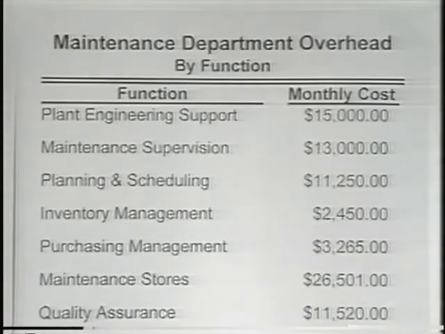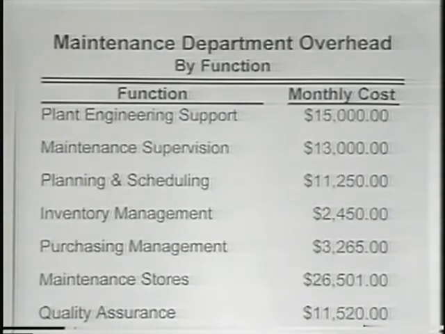And the exhibit that you are now looking at is in a notebook entitled page 5-1. And what we have done here is to provide you with the overhead cost by function for some specific maintenance support activities.